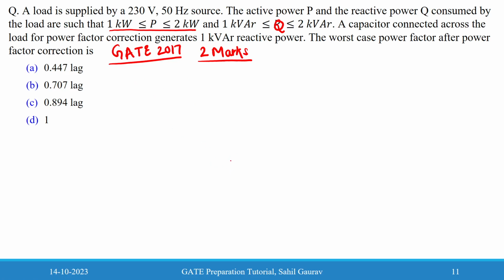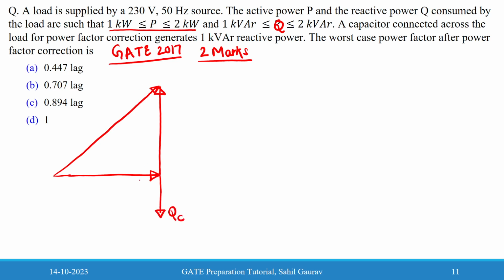So here you have to make the power triangle first. So this is P, Q, and this is QC.